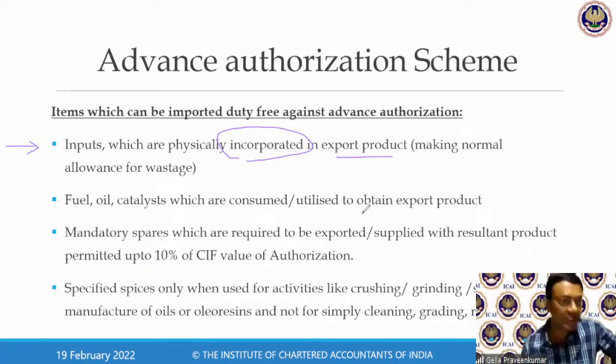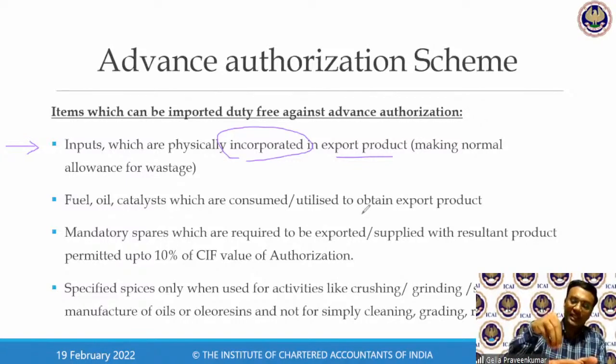Now, it becomes a challenge. I am a manufacturer of cable connectors. I have my unit in Rajasthan, which is catering to Indian business. I have a unit in, say, Tamil Nadu, which is solely meant for USA. Now, the question comes here.